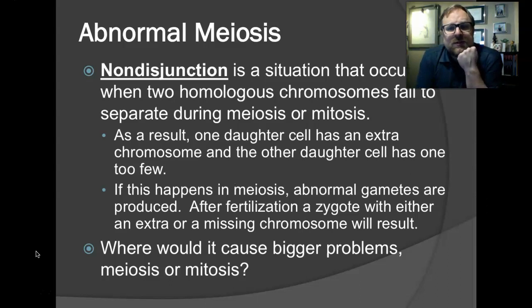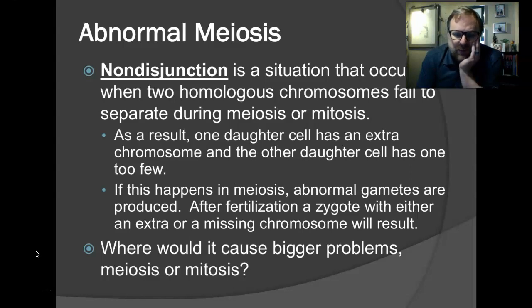In mitosis, that can happen too, and you might end up with a cell that doesn't look quite right. In that case, that cell might get destroyed because it's not functioning properly, or you get some other kind of effect from it.